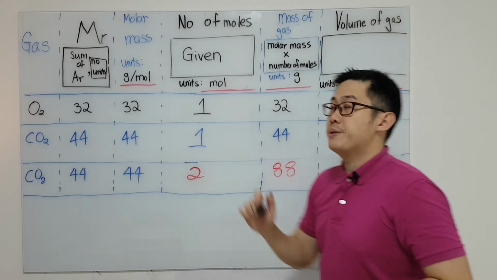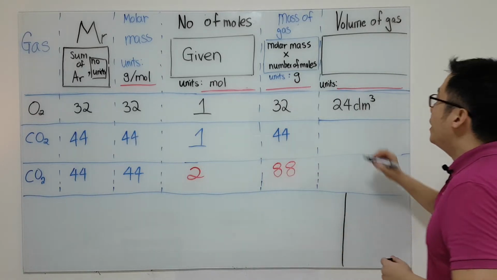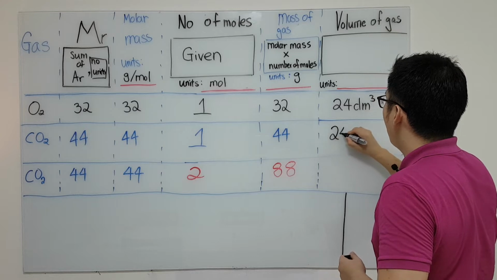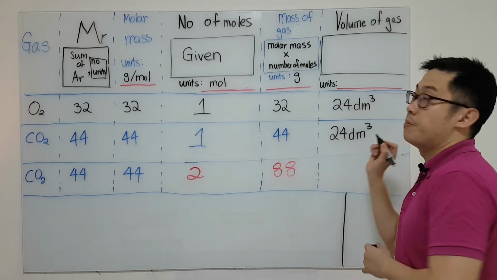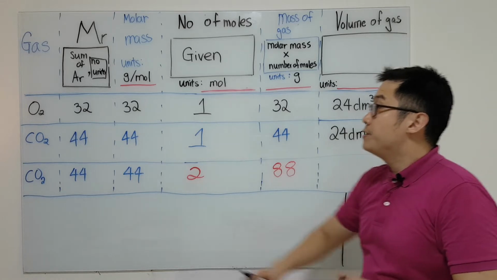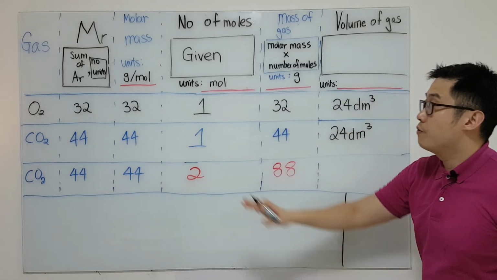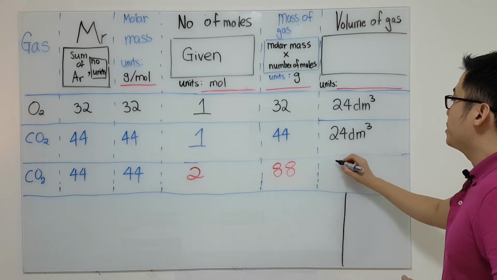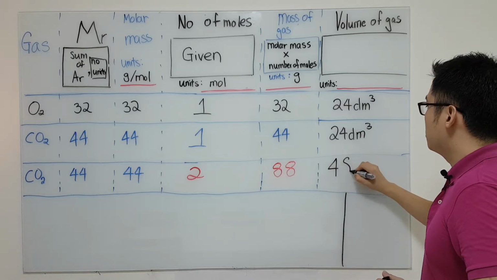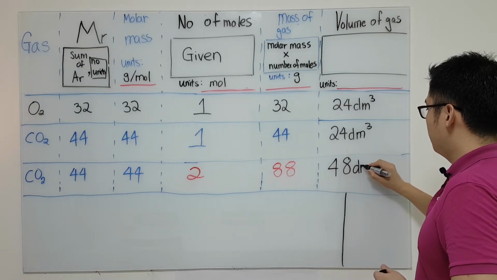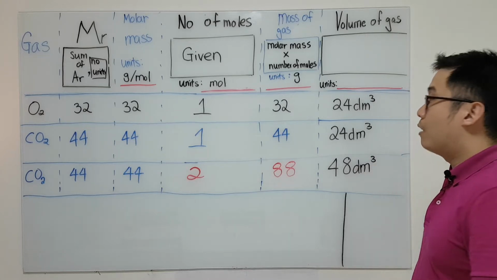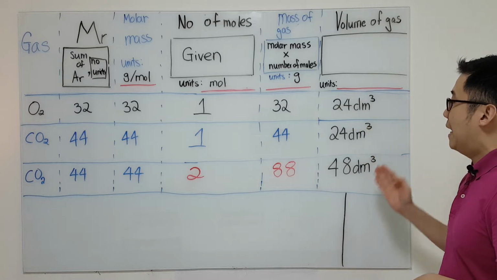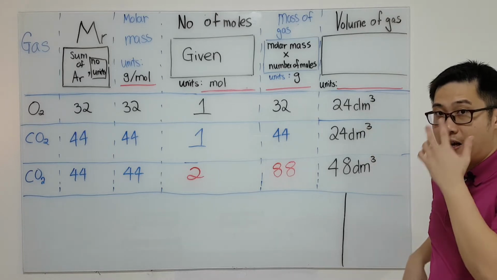For this carbon dioxide gas with 1 mole, it is also going to be 24 dm³. And for this CO2 with 2 moles, it is going to be 48 dm³.